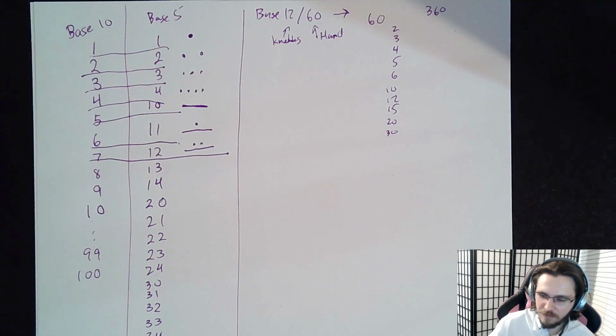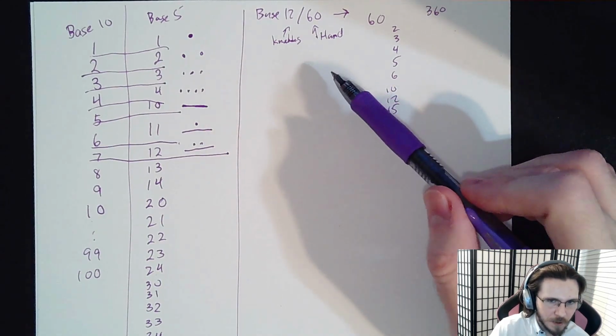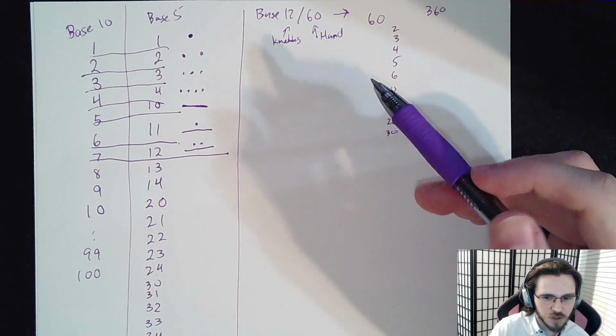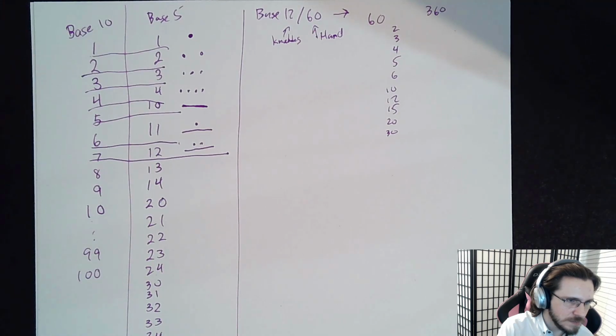Crazy stuff. But again, no one really counts that way anymore. Yes, we still use their numbers because it's interesting, because it's this highly divisible system, but it's not what we do in the day-to-day world.